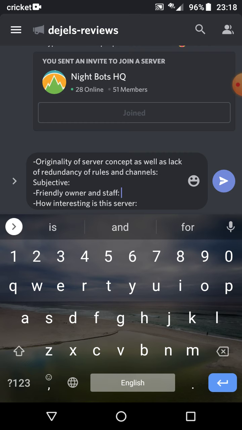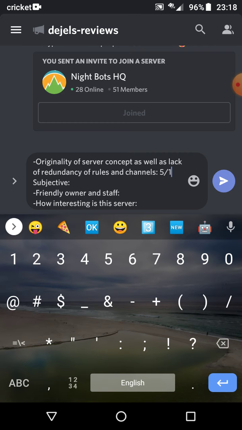So I'm honestly gonna have to rate that a 5 out of 10. If you can add something that really pulls this server away from being like any other advertising server, then that would increase the score. And also, if you made it where I don't see any redundancy, that would also increase the score.